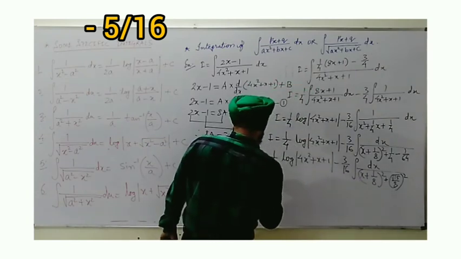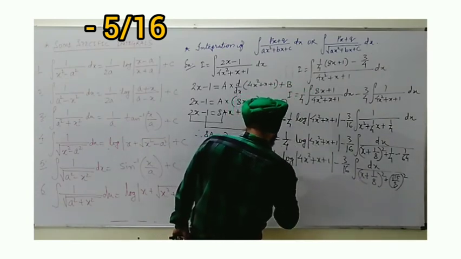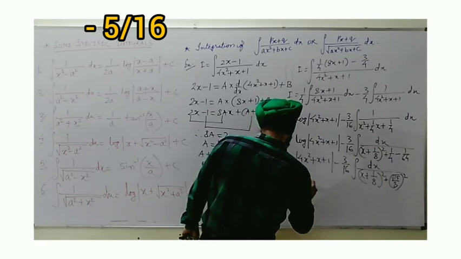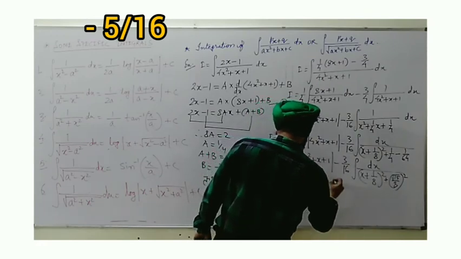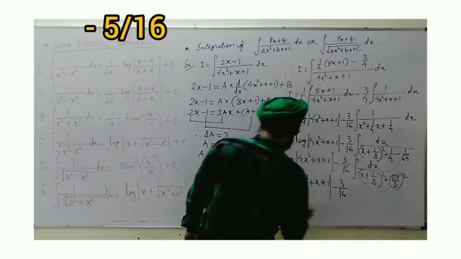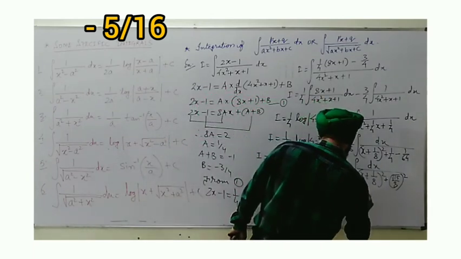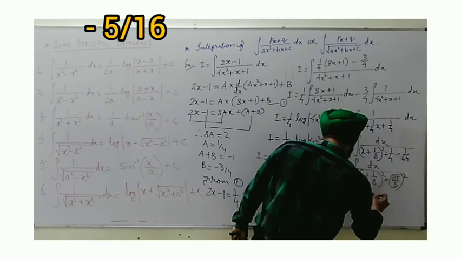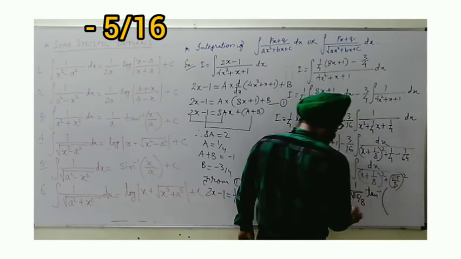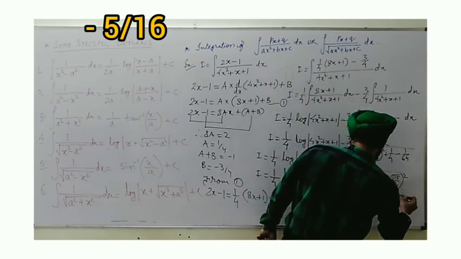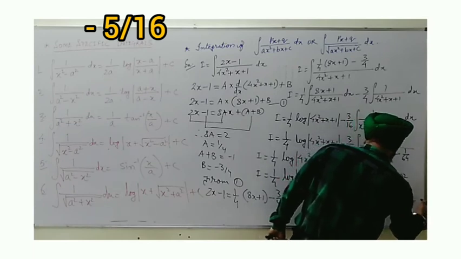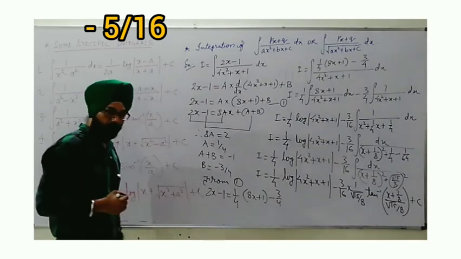So this will be written as 1 by 4 log of 4x square plus x plus 1 minus 3 by 16 into 1 upon 8, meaning 1 upon root 15 upon 8, and tan inverse of x plus 1 by 8 upon root 15 by 8, plus c. This way we complete.